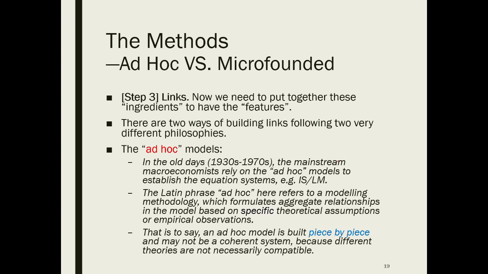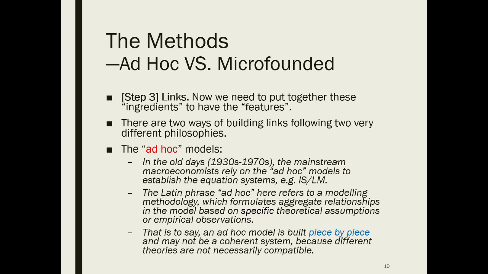But different pieces of a model do not necessarily come from the same logic. For example, the IS-LM model you have learned in your first year is an ad hoc model, because the IS model describes how goods market achieves equilibrium, while the LM model describes how money market obtains equilibrium, and they are set up separately without the same logic underlying the two curves.